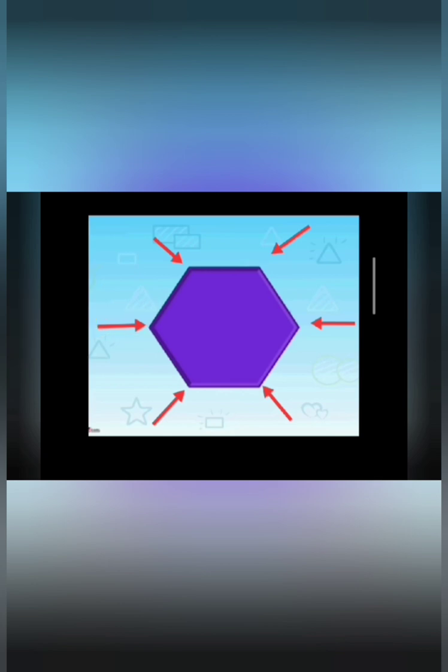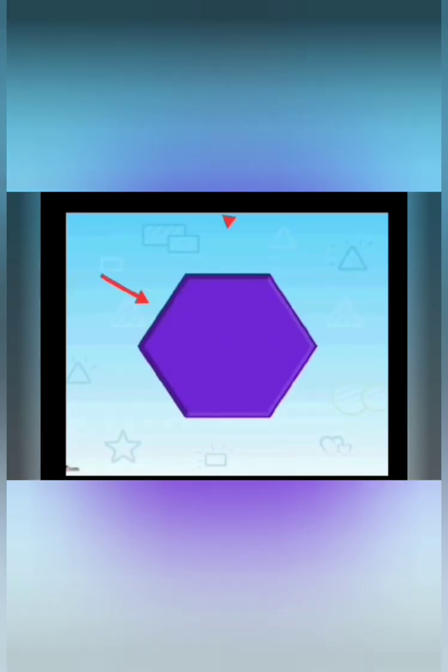So this shape has 6 corners. Now let us count the sides. 1, 2, 3, 4, 5, 6. So this shape has 6 corners and 6 sides. Now can you guess the name of this shape? This is called a hexagon.